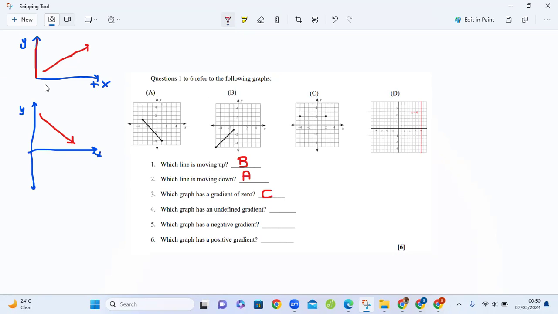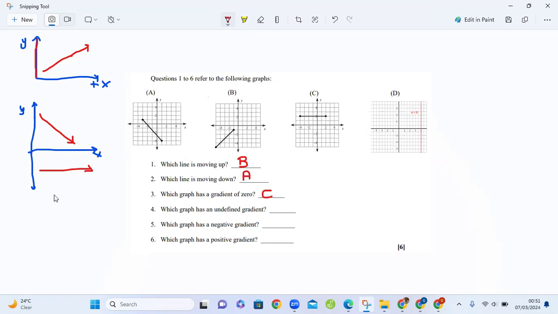It's y that behaves differently. Either y goes up, it goes down, or it does neither. So a line like this, although the x is increasing from left to right, y is neither increasing nor decreasing.